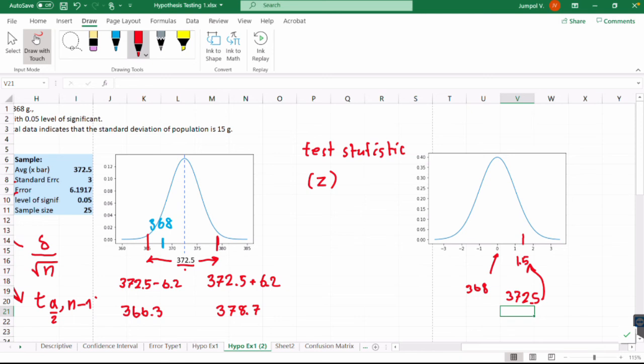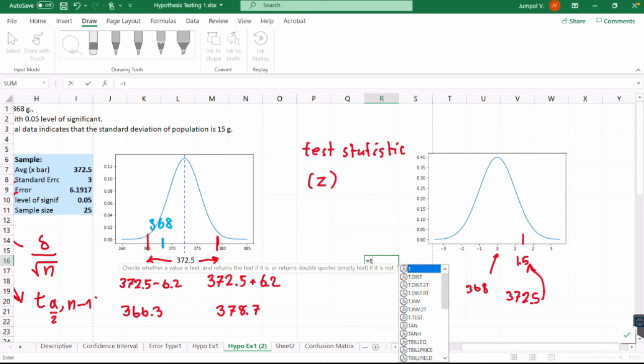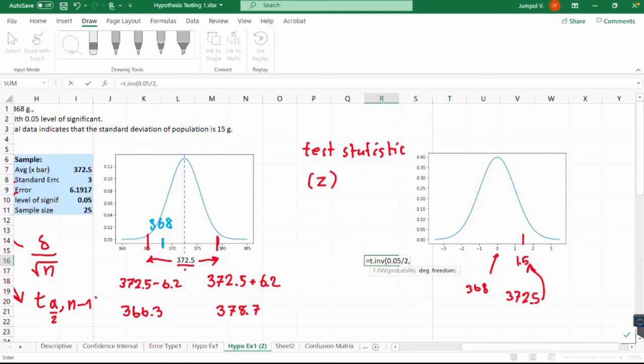So the critical value, as you already know, if this is t distribution, we use T inverse formula. If this is normal distribution, we use normal inverse formula. But for this case, I'm going to use t distribution. So T.INV, probability is going to be 0.05 divided by 2, degree of freedom is going to be 25 minus 1, right?